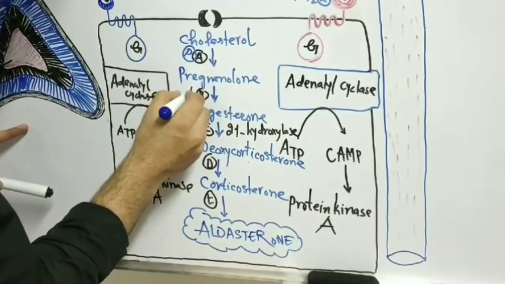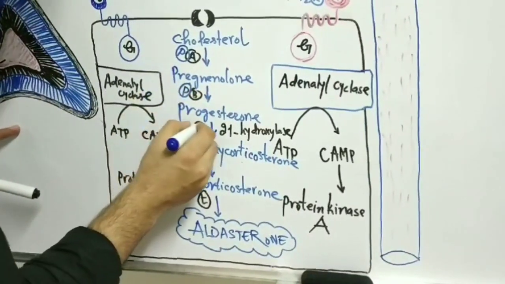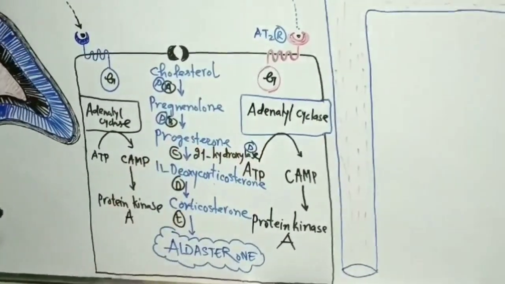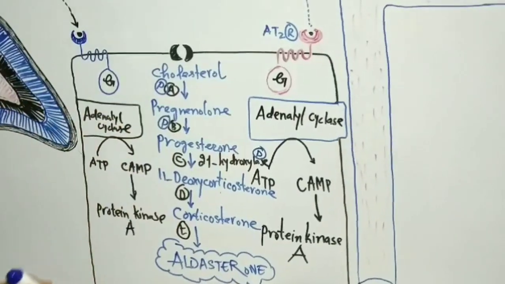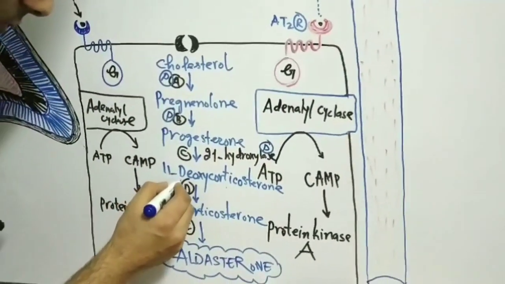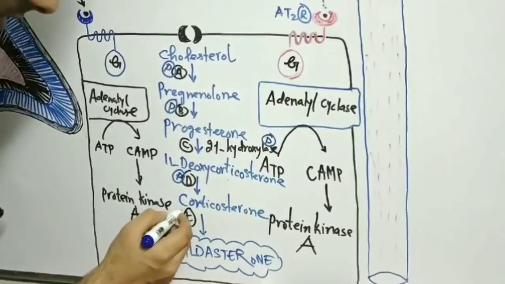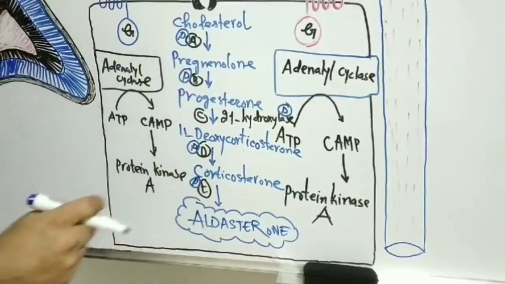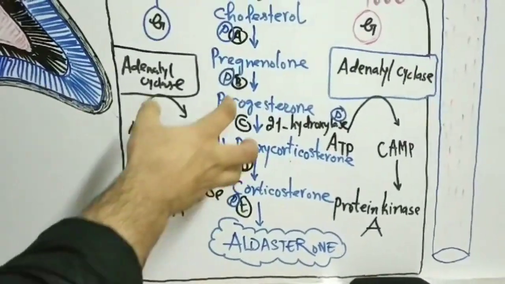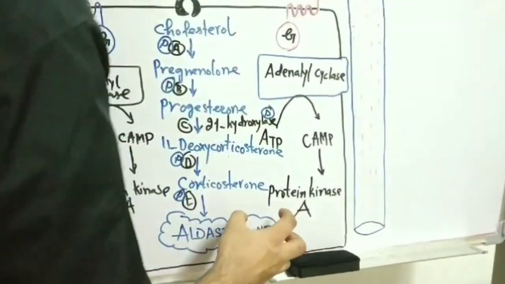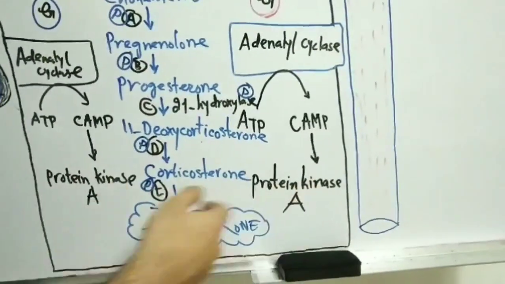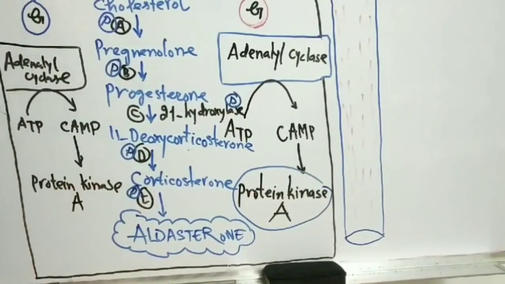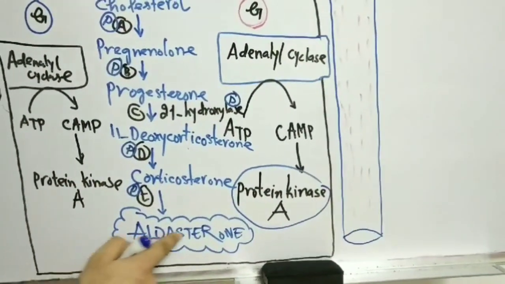Again, it also phosphorylates enzyme B, then it phosphorylates 21-hydroxylase. Due to phosphorylation, the enzymes get activated. Again, it will also phosphorylate D and E. Now all the enzymes will be activated. Eventually, due to these enzymes, the aldosterone will be formed. This was the function of the protein kinase A. It phosphorylates all these enzymes which help to form the aldosterone.